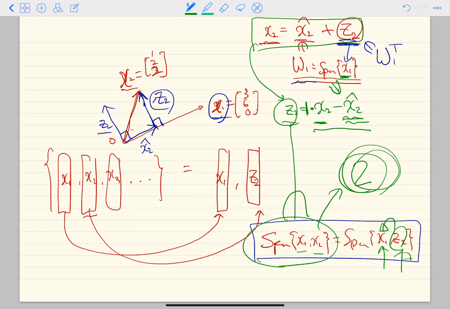So what's the theorem for it? It is called the basis theorem. What was the basis theorem? We are given a subspace, and we know the subspace dimension is 2, for example.